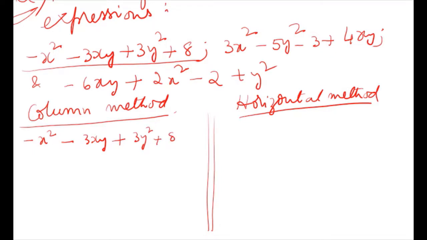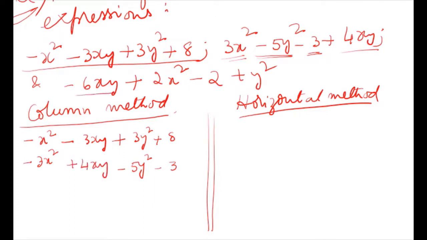Now, in the second expression, the x square term I will write exactly below the x square term along with the coefficient. Okay, then with the sign we will write minus 5y square. So our y square is here, so minus 5y square. Then minus 3, this is a constant number, so minus 3. Then plus 4xy, so plus 4xy.